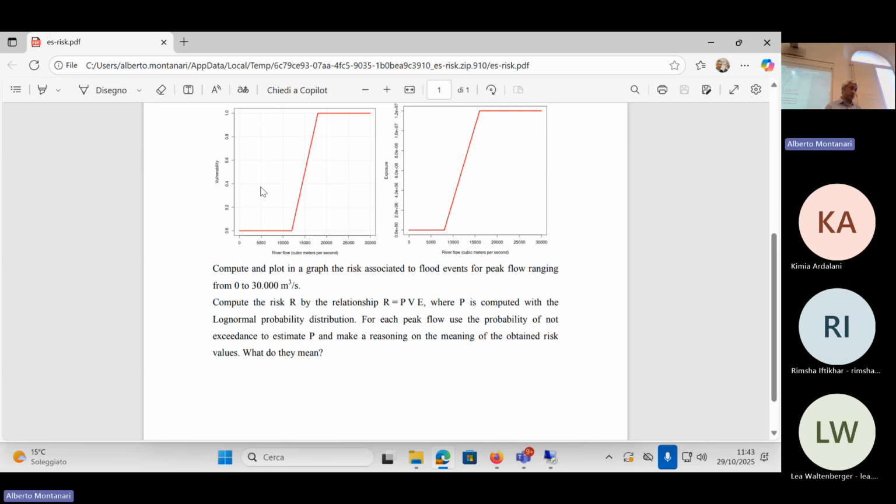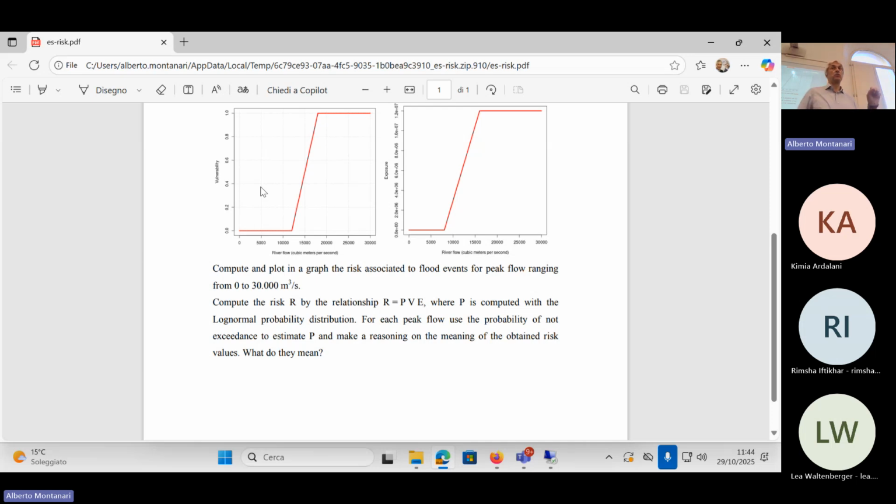Now, what is the purpose of the exercise? Compute and plot in a graph the risk associated to flood events for peak flow ranging from 0 to 30,000 cubic meters per second. And the final purpose is to compute the risk R by the relationship R equal to P times V times E, where P is computed with the log normal probability distribution.